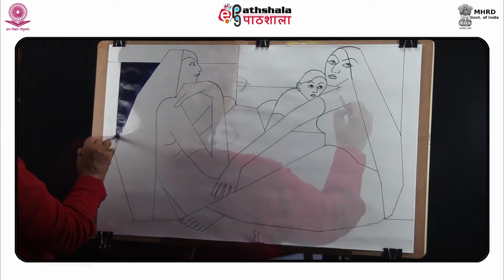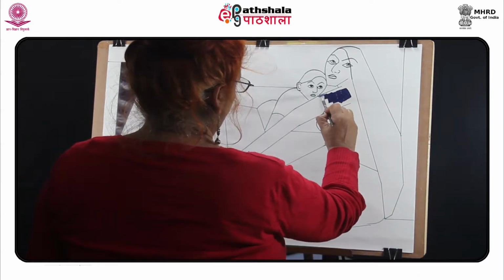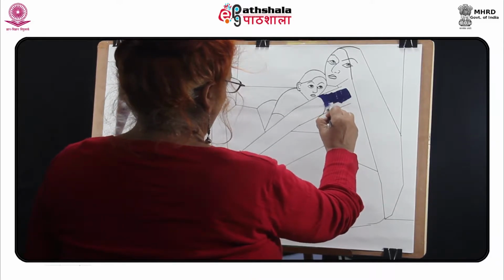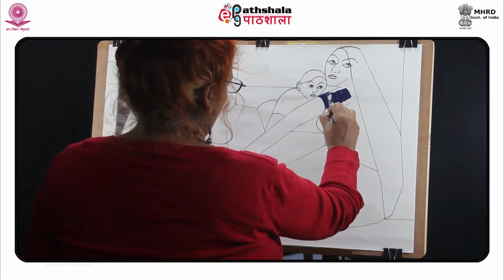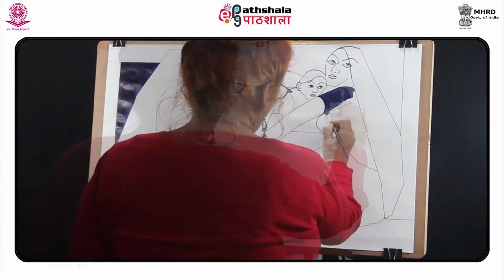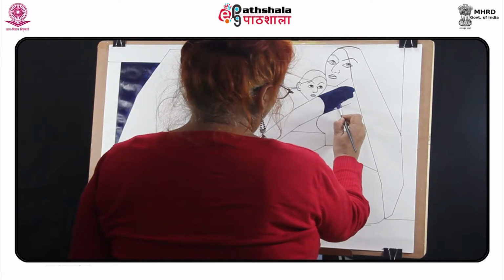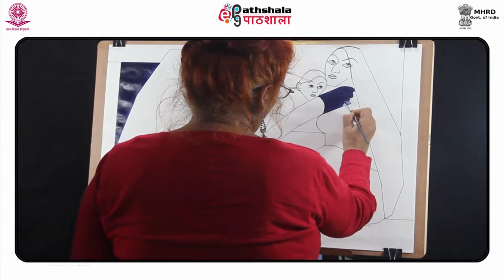It is better to use the color palette to mix the colors in it. Now you have to fill all the forms with different shades. You can use flat brush to create smooth surface. I apply this shade at different spaces of the composition.